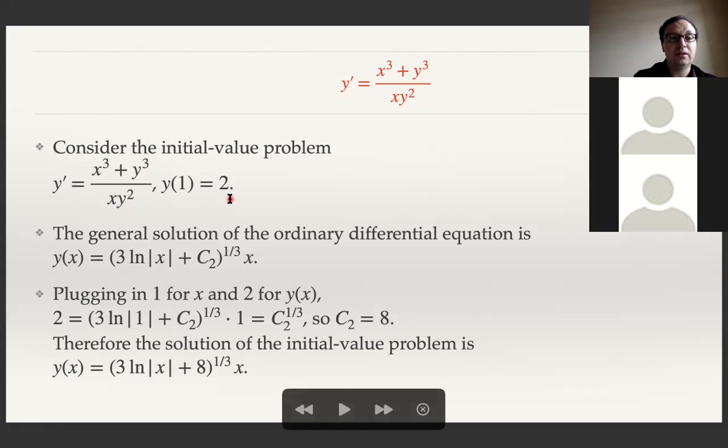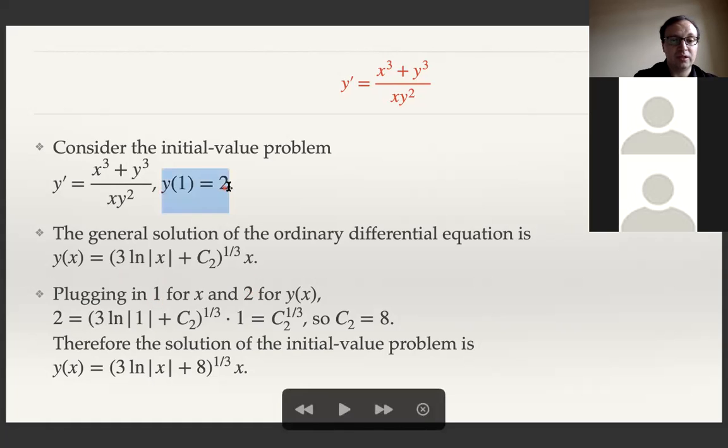And we have already seen the general solution, disregarding whatever particular cases I just mentioned. It is (3 times natural log of absolute value of x plus c2) to the power 1/3 times x. And now we have to compute the constant c2, plugging in 1 for x and 2 for y.